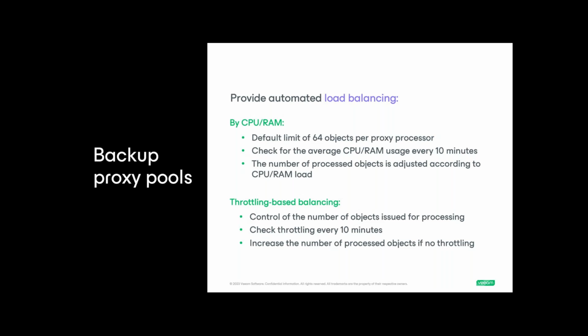By default, we'll load balance. Like it says here, 64 objects per proxy processor. So each CPU or virtual CPU on the proxy will be able to handle that many threads, and we can scale out horizontally just to match the load that we're trying to push through.